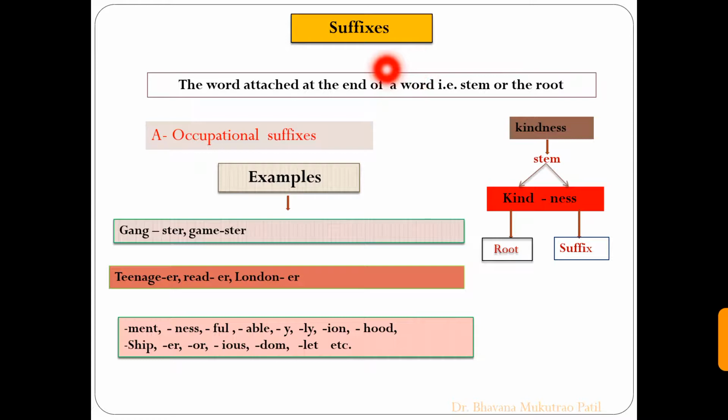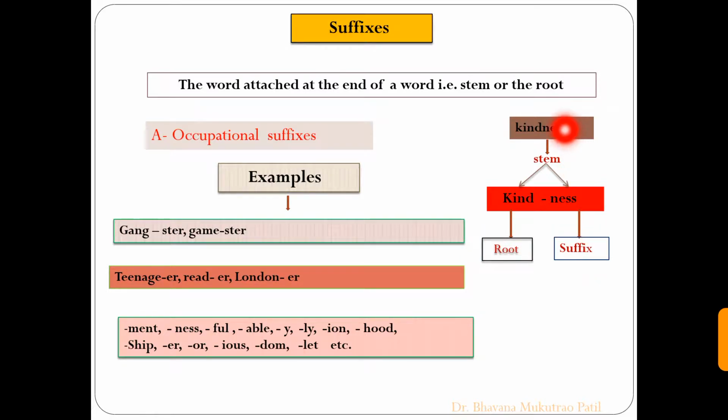The next type is suffixes. Suffixes are what we add at the end of the word. Let us see here the example of kind. Kind is the main word, kind is an adjective. We add ness, and we get another word, kindness. Kind is a root, it is a free morpheme, and ness is a suffix.